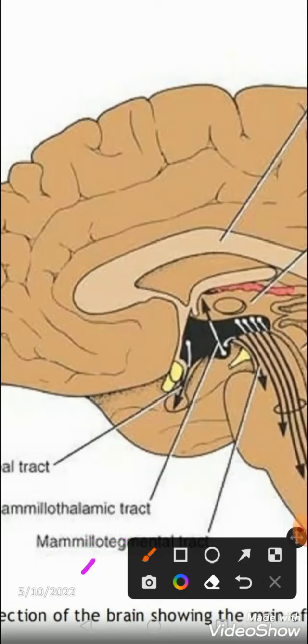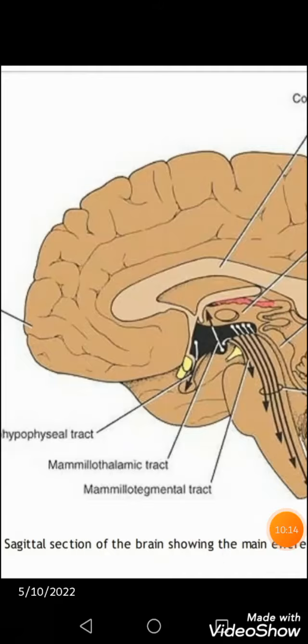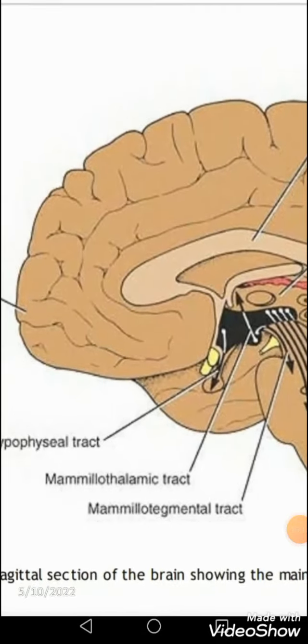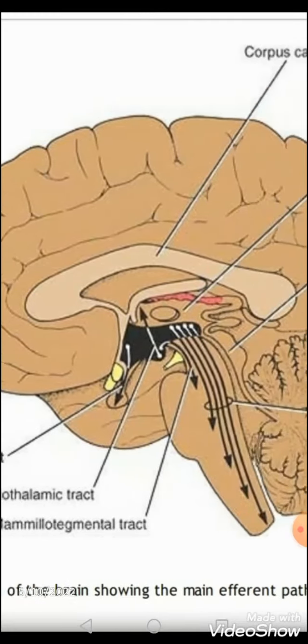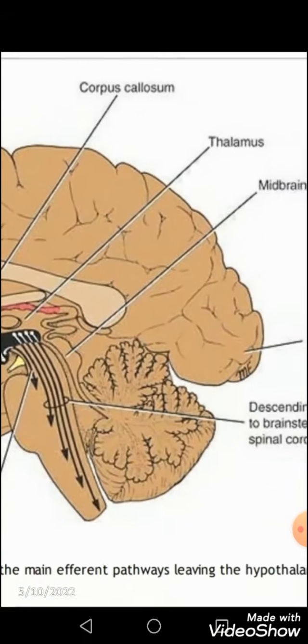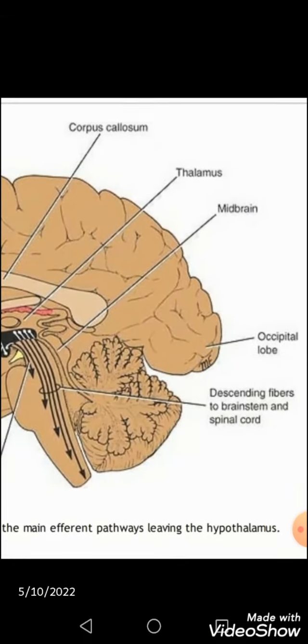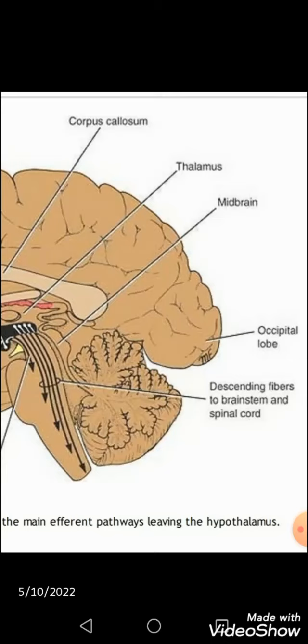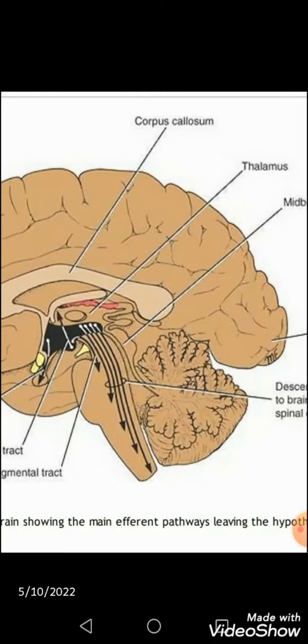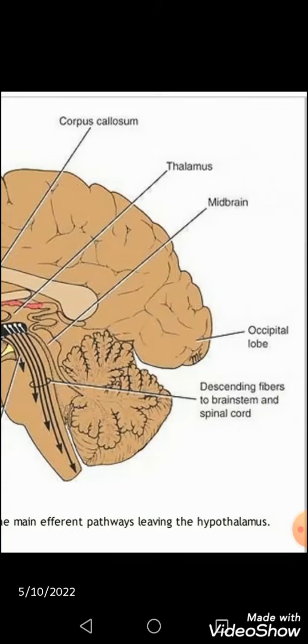Let me show you the picture. Then you can see the mammillothalamic tract, and what else do you see? You can see so many descending or efferent fibers towards your brain stem and spinal cord. They are coming from the hypothalamus and involving the brain stem and spinal cord, right?